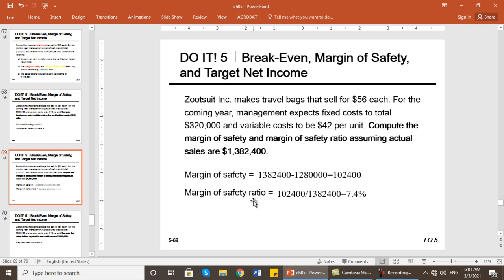The margin of safety ratio equals the margin of safety divided by expected or actual sales, 7.4%.